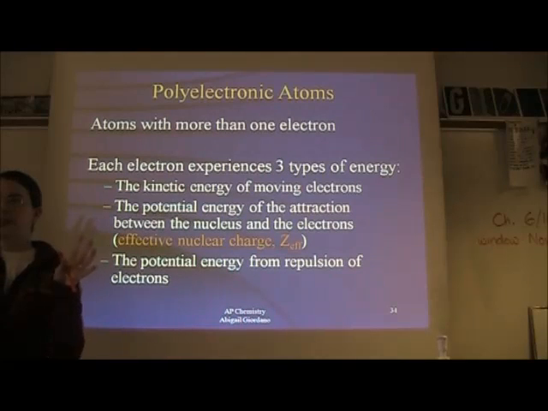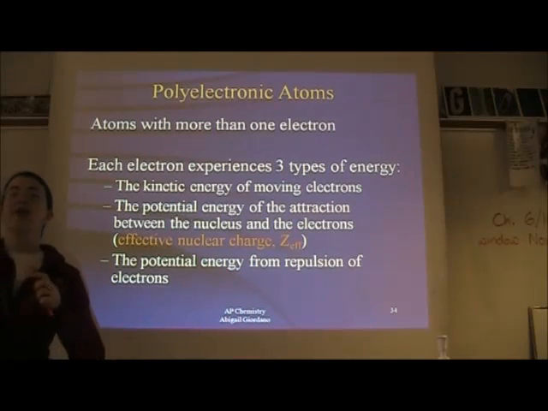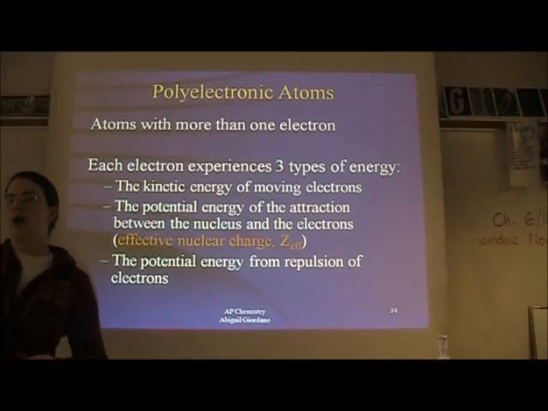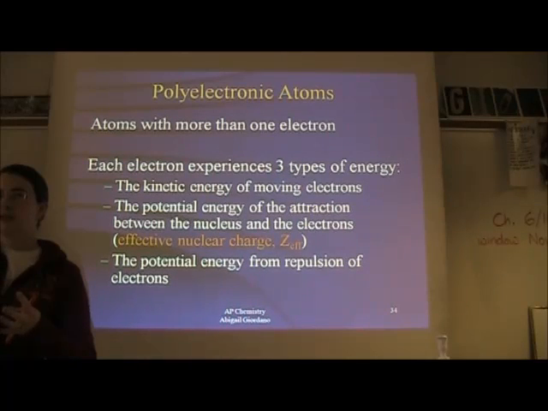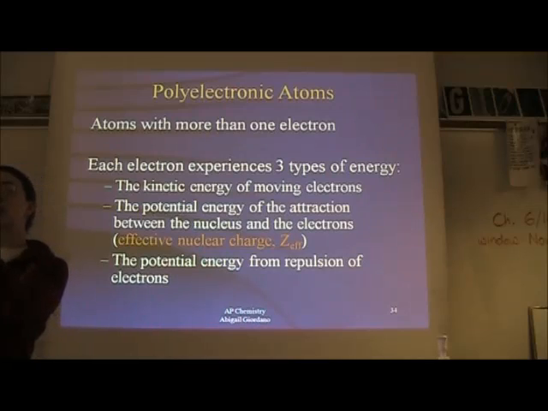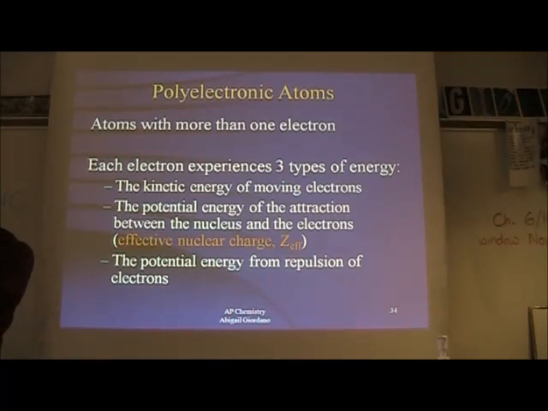What is it about whatever you're swinging around, whether it's a ball, a cup of water, an electron, whatever, that makes it want to move away from you? The centripetal force is actually the force of you continuing to pull that ball in.